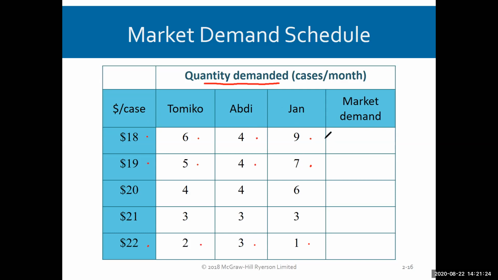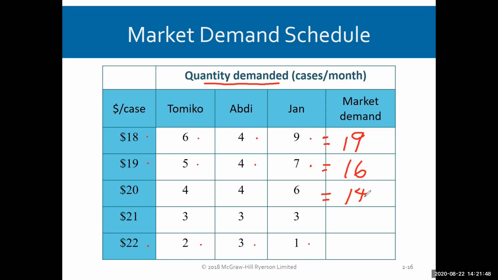But let's add them all up. Here we go, 9 plus 6 is 15, 16, 17, 18, 19. The market demand curve says quantity demanded is 19. Here it's 7, 8, 9, 10, 11 plus 5. The market demand curve says quantity demanded is 16 for the market. Here it's 6 plus 4 is 10 plus 4 is 14.